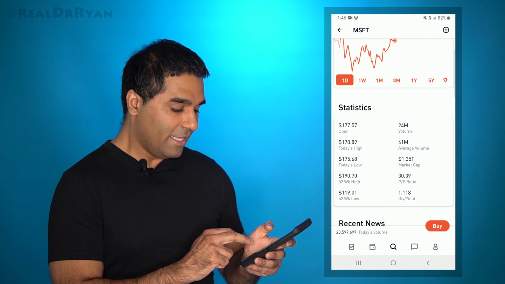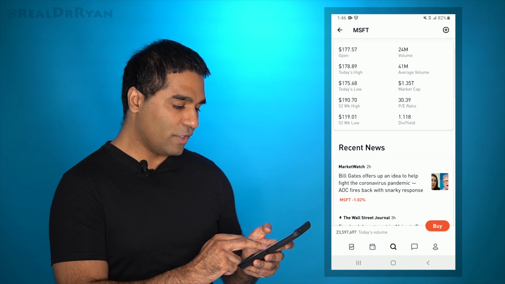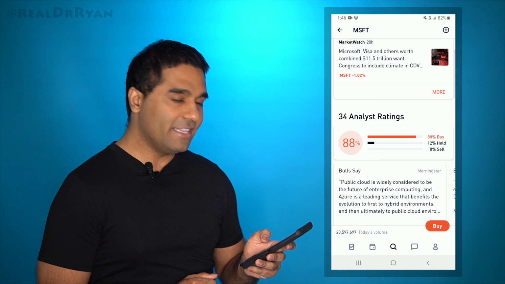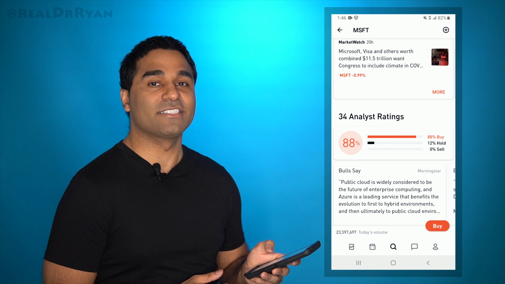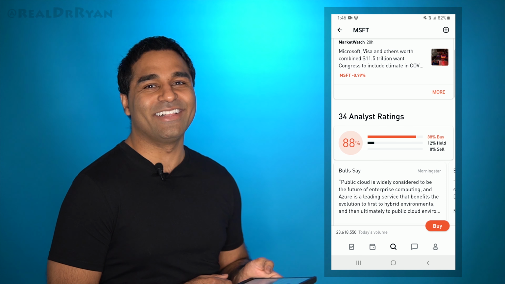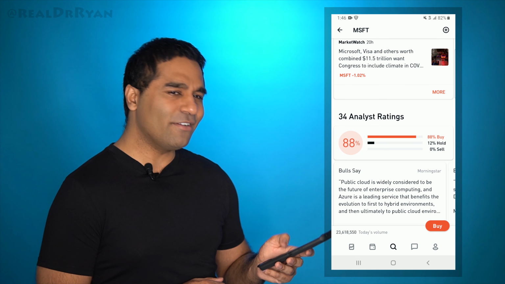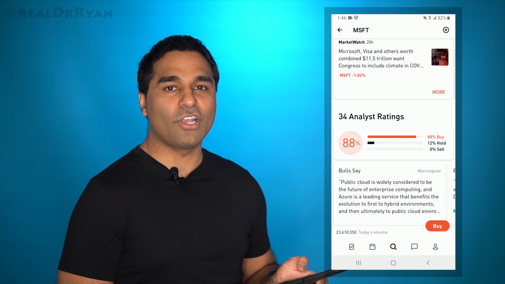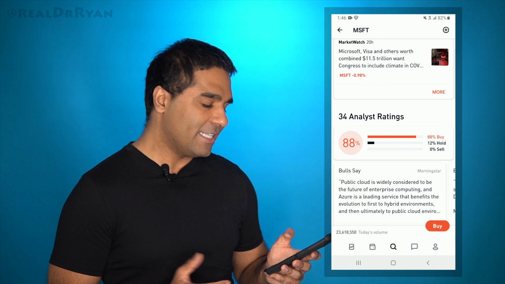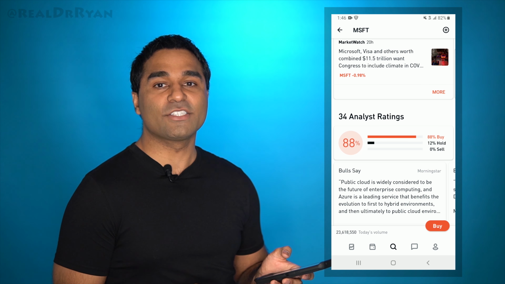And the next chart after the recent chart is the analyst rating chart. And this just basically tells you what analysts are rating the stock, if they're telling you to buy it, they're telling you to hold it, they're telling you to sell it. And I don't really place that much weight onto this chart. I glance at it from time to time, and I like to make my data based on my own research.